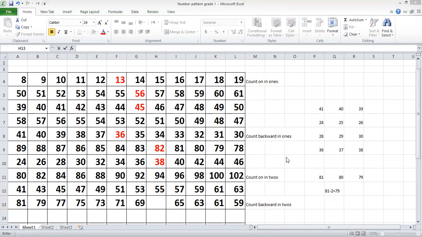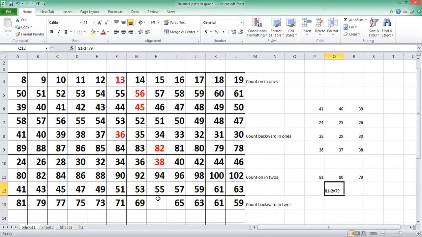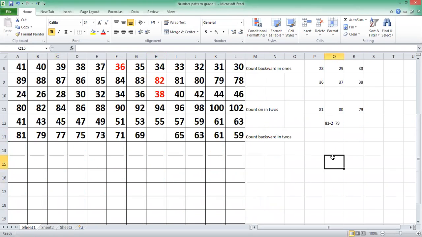That's very good. So what you have to do, guys, is find out what comes after 69. So you can count back after 69. You can write like this. If you count back from 69 in ones, it will be 68. But in the pattern, you are counting back in twos.